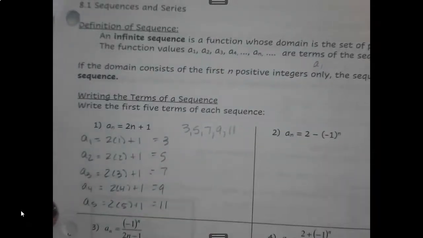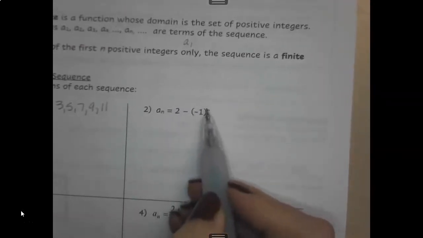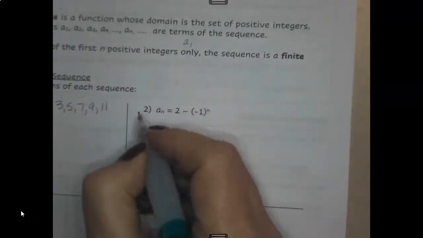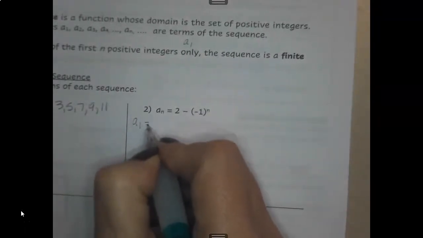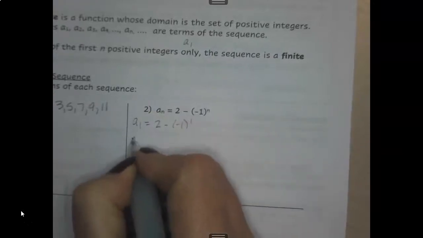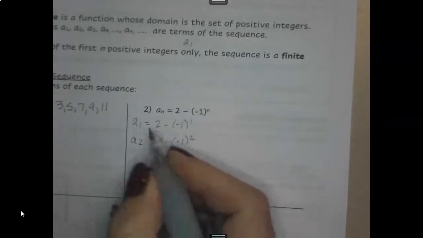Okay. I want to do one with you that has a negative 1 to the nth power, so you can see what that looks like, and then I'm going to have you do those two while I pause this. Okay, 2 minus negative 1 to the first power, 2 minus negative 1 to the second power.